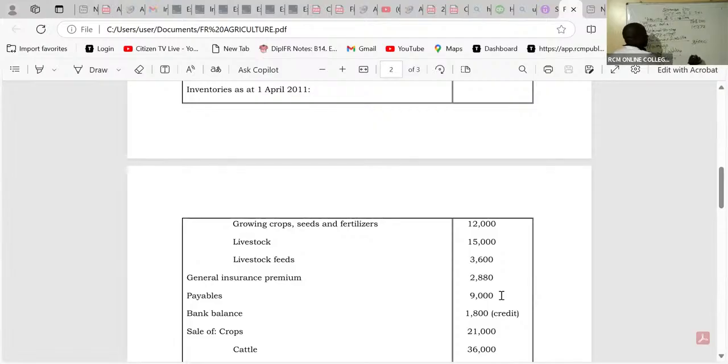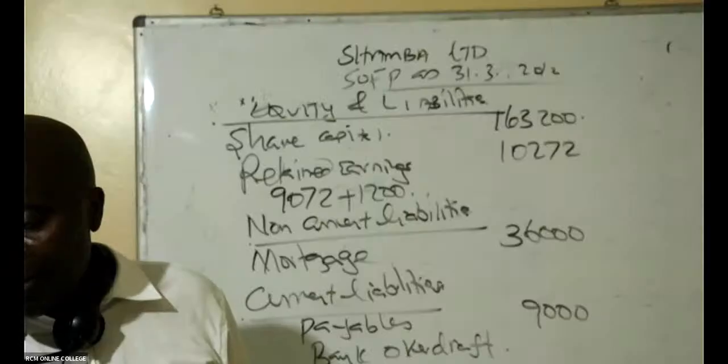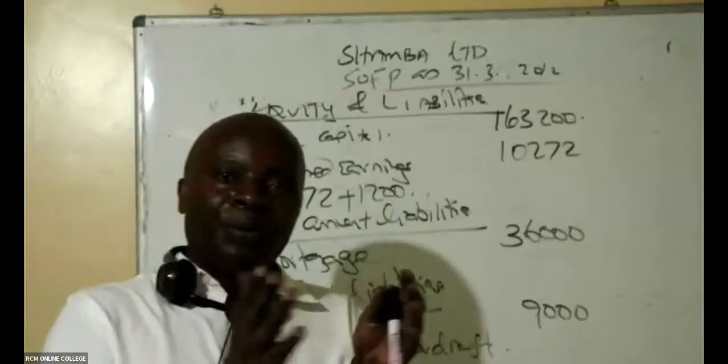And then there is something that very few students will be able to see, that we have a bank overdraft. Why am I saying it's a bank overdraft? Look at this. Bank balance, and it's on credit. Remember, ladies and gentlemen, whenever a bank balance is positive, it should be an asset.